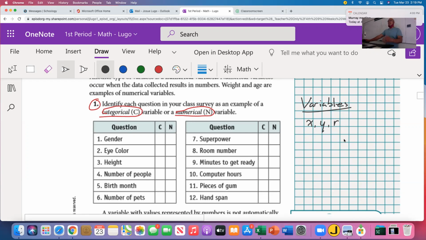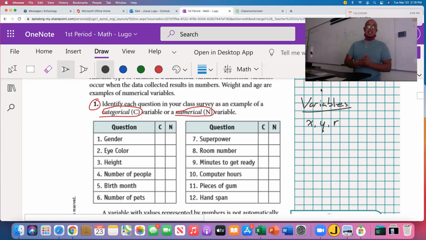But really a variable is anything, ladies and gentlemen, anything that can change from person to person. A variable is anything that can vary from person to person. So for example, in the survey that we took yesterday, which here's an example of, the answers on this survey are going to be different for the most part from person to person, or they can be different from person to person. For example, height.